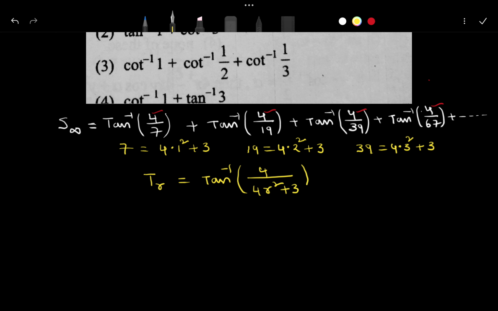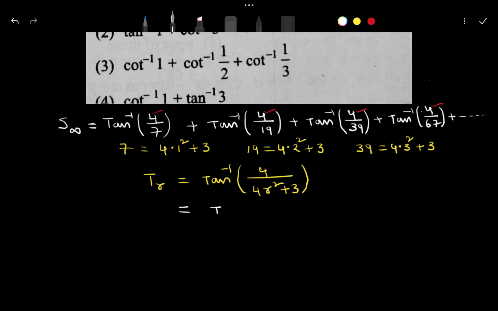This is the general term. After finding the general term, first we will find the sum of n terms. How will you find the sum of the n terms? You apply the sigma to the general term. First you simplify this one.